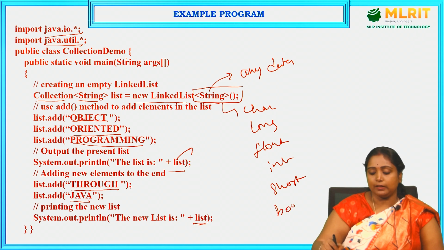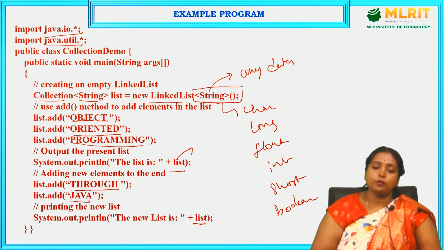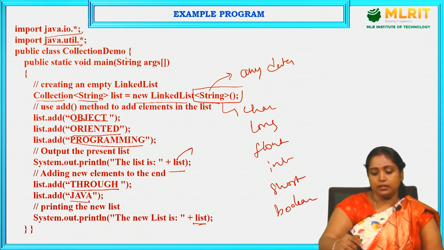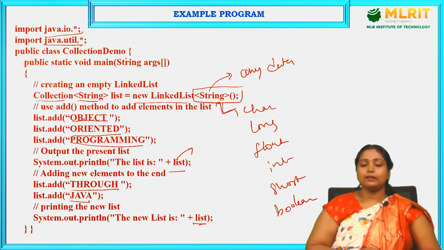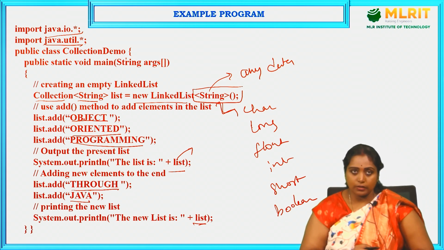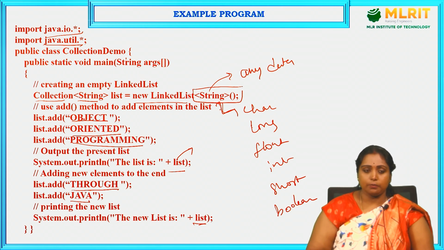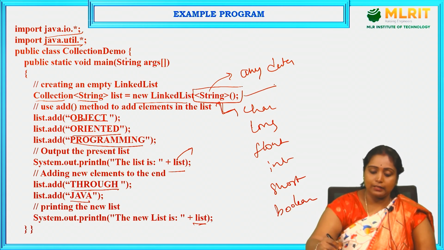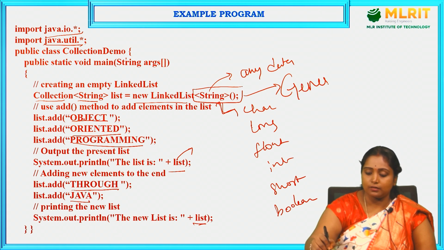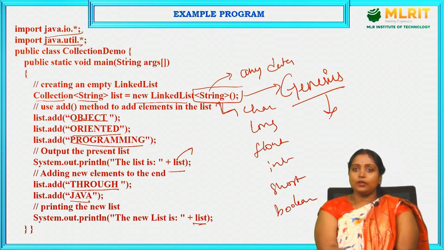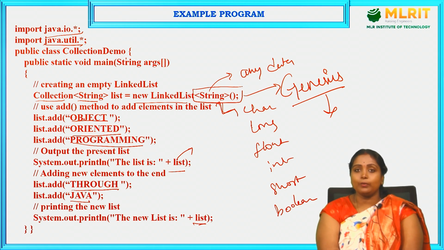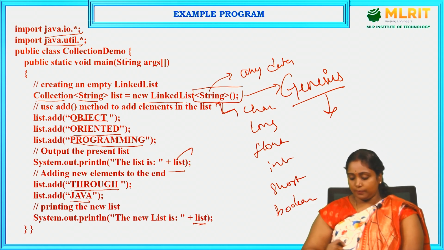Boolean also I can have. So simply the linked list or the collection framework is applicable for any data type. The detailed concept of this is called generics, and we will discuss this generics concept in the further sessions.